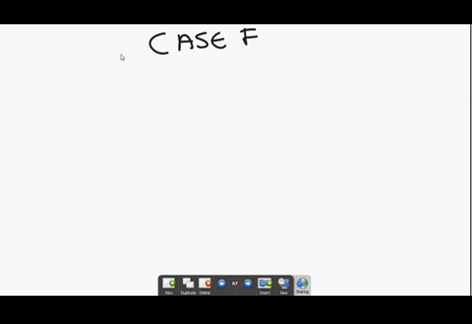So now, suppose they say sine squared theta plus cos theta minus 1 is equal to 0.